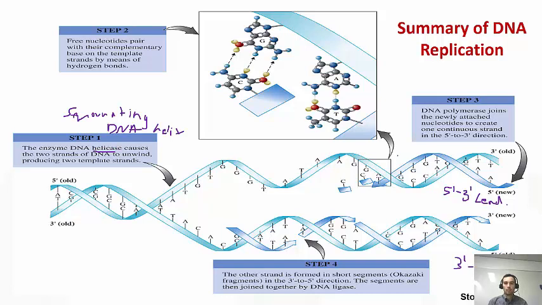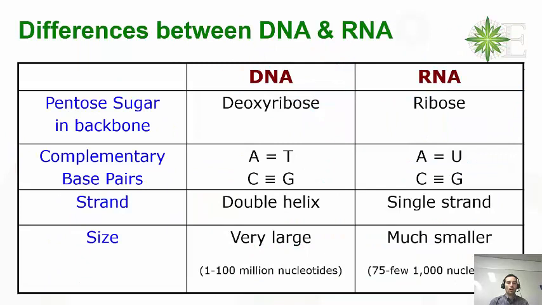And then the last thing that we'll see is we've completed our DNA replication. We're going to have those two new DNA helices, and one of those strands is from the original parent and one is a new strand. So each one contains one parent strand and one new strand.